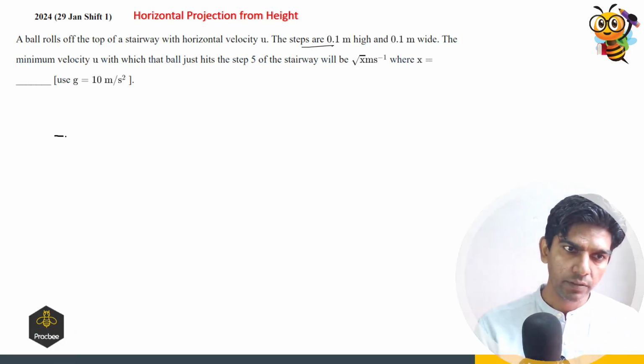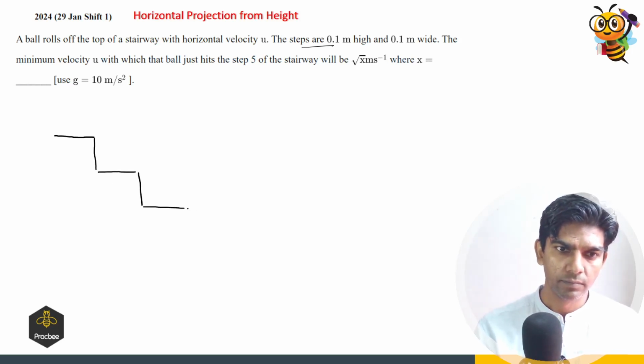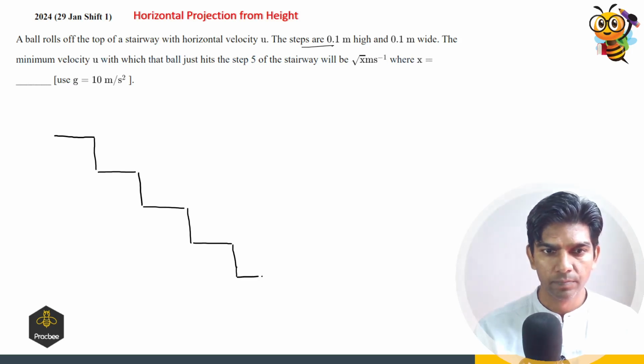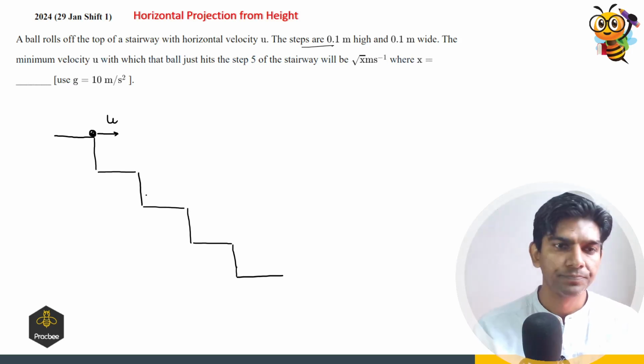So we have a staircase like this. We are throwing a ball horizontally with a certain velocity u.